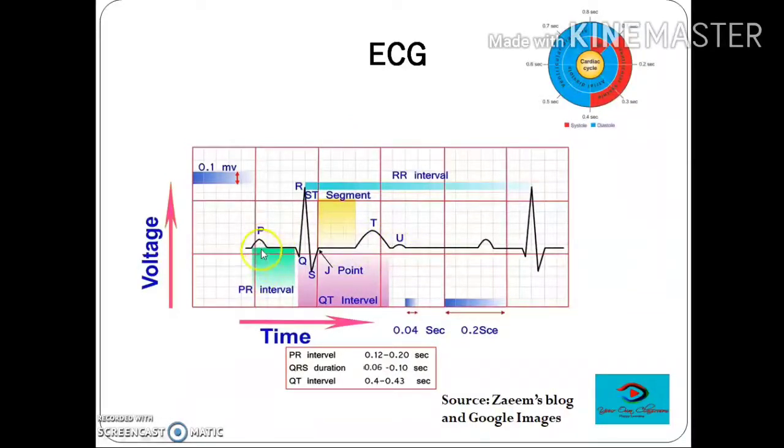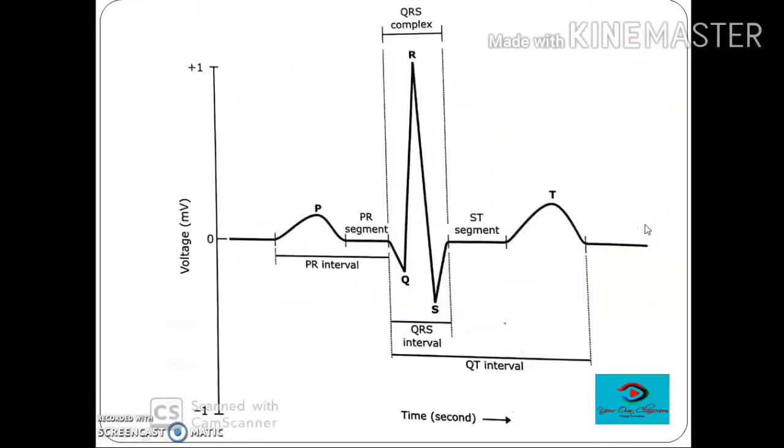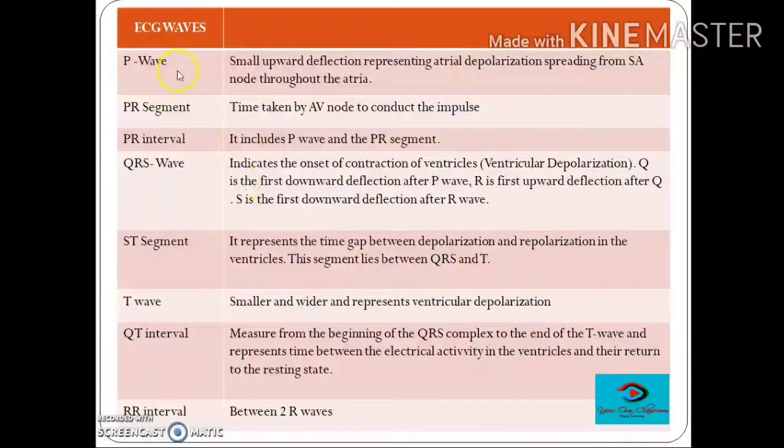Apart from these three major waves, P, QRS, and T, there are some segments and some intervals. So let's look at them here in detail. As I said, P wave is a small upward deflection representing the atrial depolarization spreading from SA node throughout the atria.